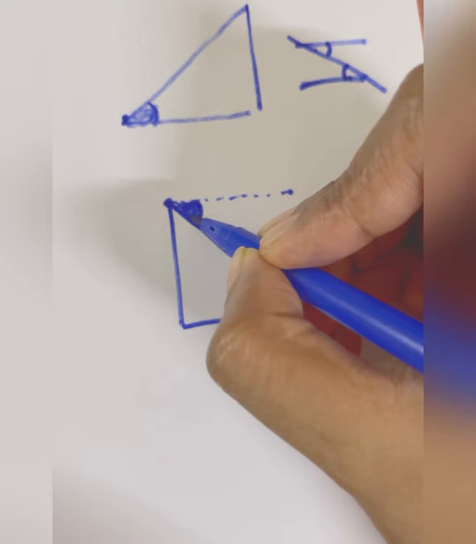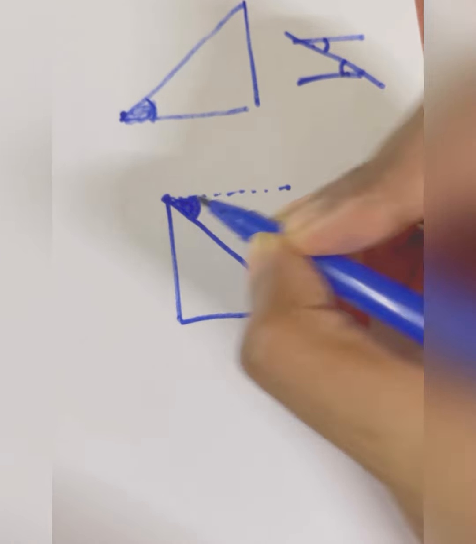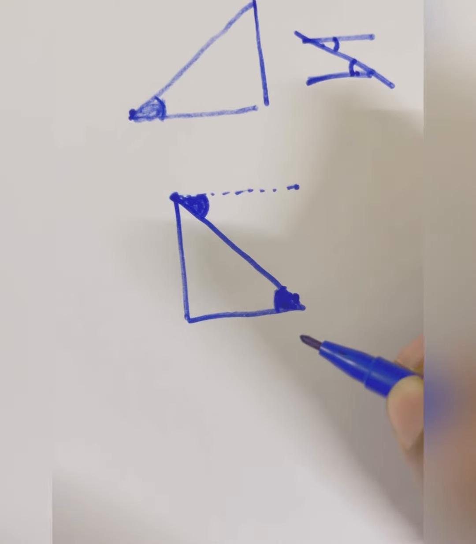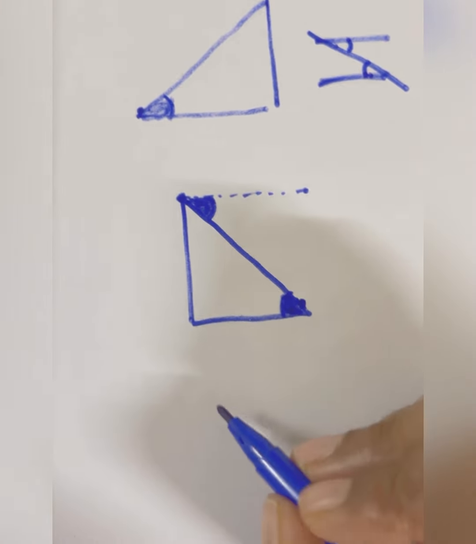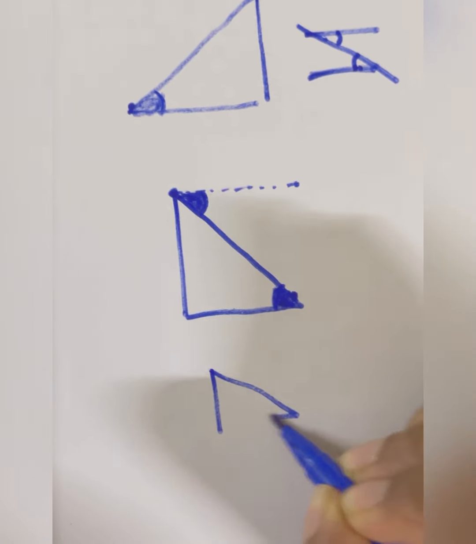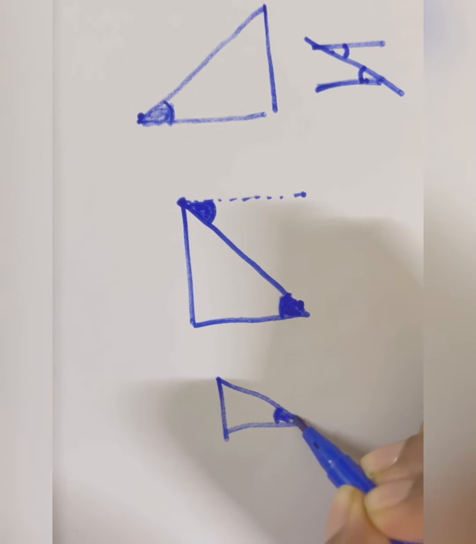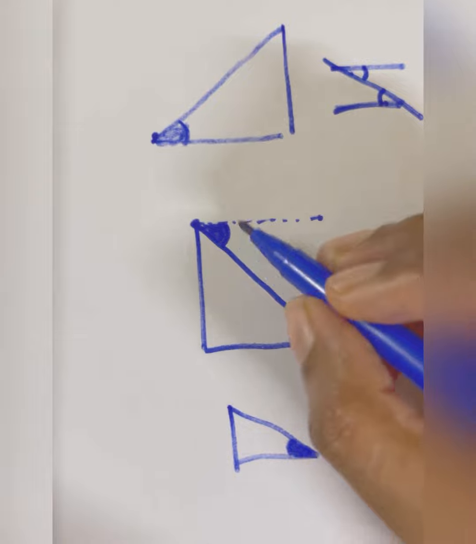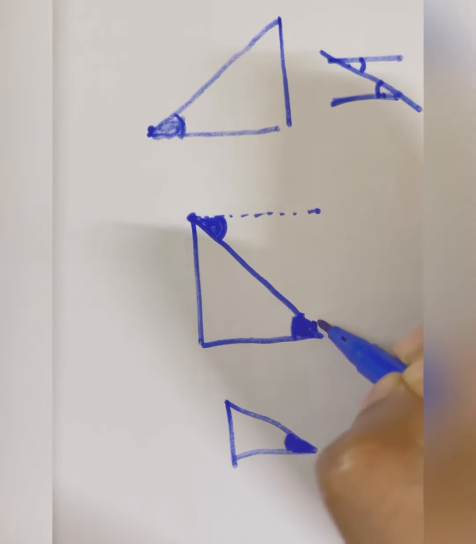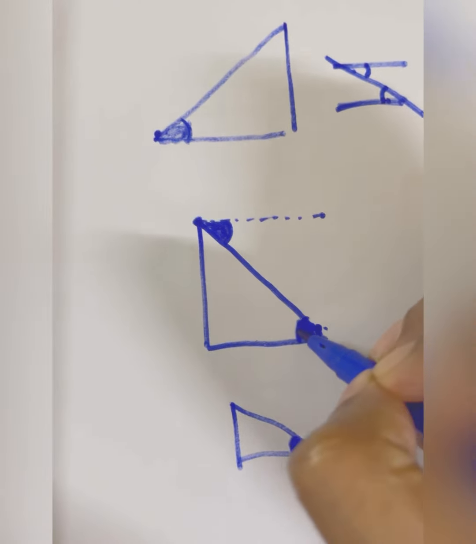The same method is used here. This angle and this angle are alternate interior angles and they will be equal. That is why we are taking this angle as the angle of depression directly in the previous questions. The actual method is these alternate interior angles, and both these angles are equal.